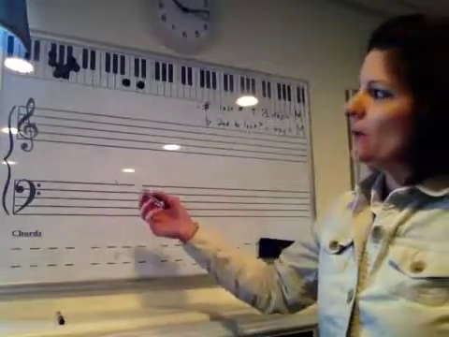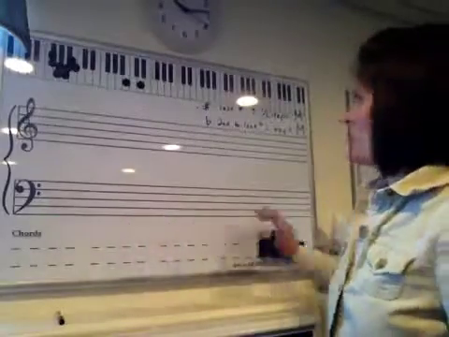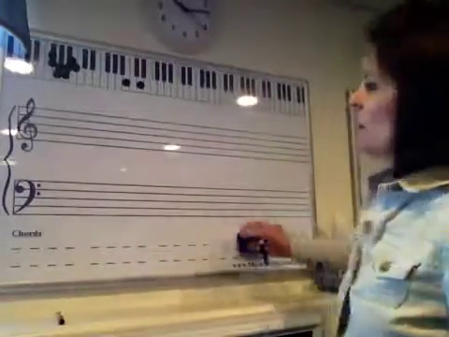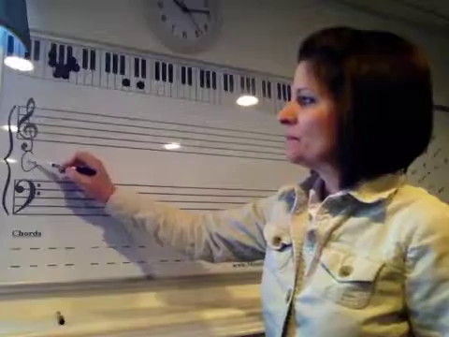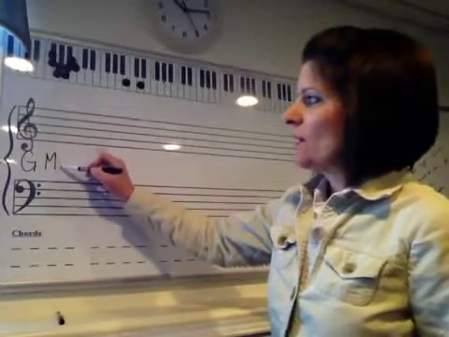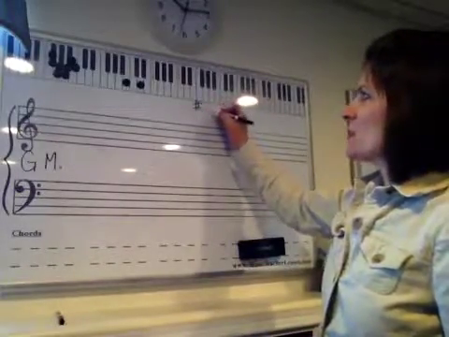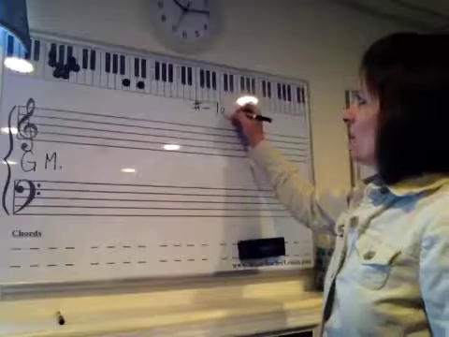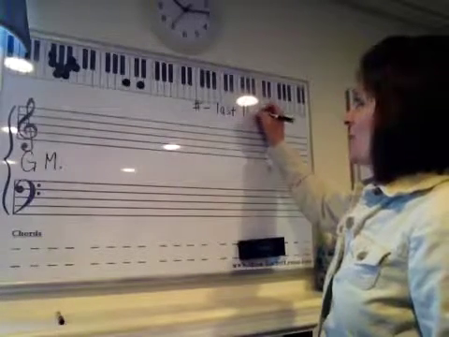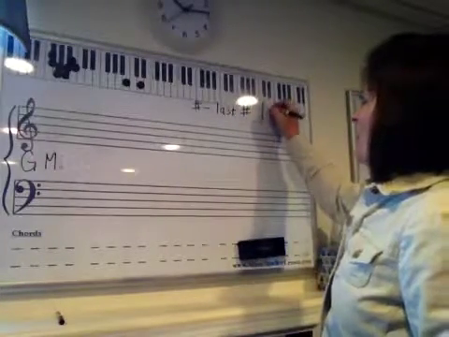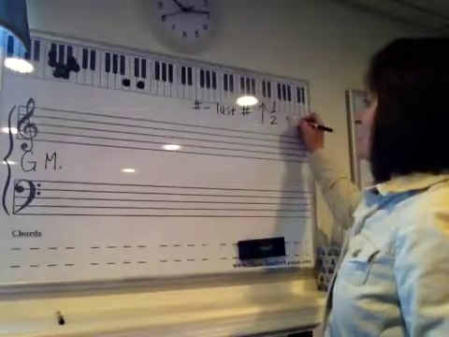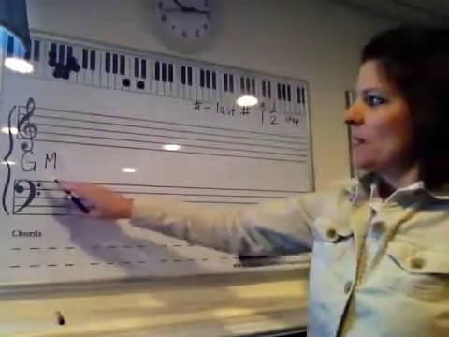So let's say you are asked to write the key signature for the key of G major. And you have no idea what that is. Well, if you remember that our formula for sharp key signatures is that you look at the last sharp, and then you go up a half step to name the key.